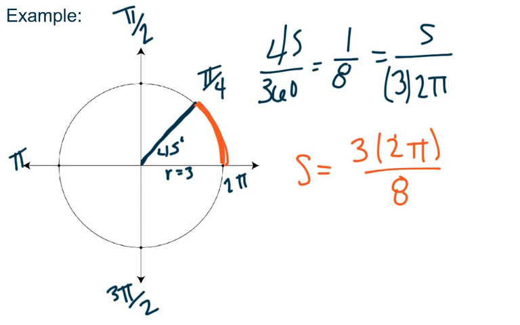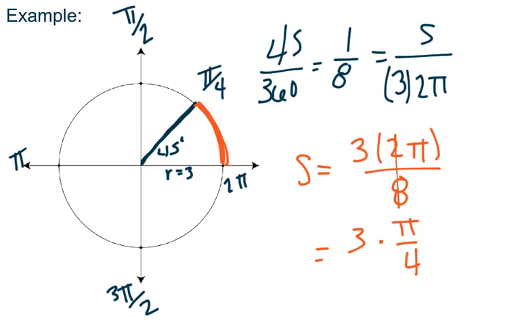Now I'm just going to reduce the 2 over 8 part here. So I get 3 times, I'm going to stick my 3 out in front, pi over 4. So, just like I expected, we have our pi over 4 here, because that's our angle in radians, and then it's just scaled up by a factor of our radius, which happens to be 3 in this case.